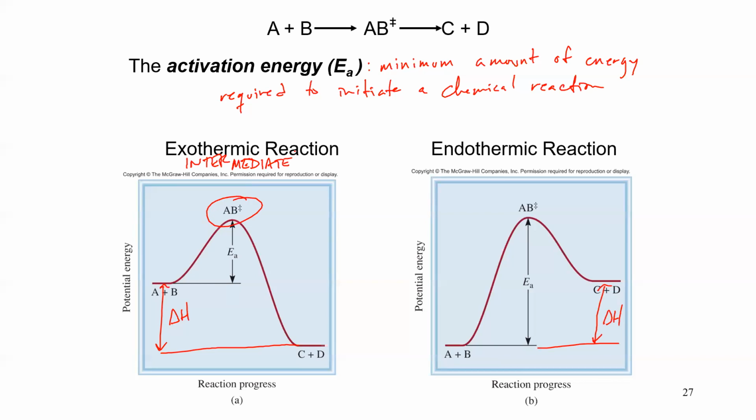And then AB breaks apart into C plus D. And so that's the same in both places. Another word for an intermediate is sometimes called a transition state. And so you'll likely hear both of those terms if you look for information out there. Intermediate or transition state, those are interchangeable. You can tell it's sort of transitioning from reactants to products.